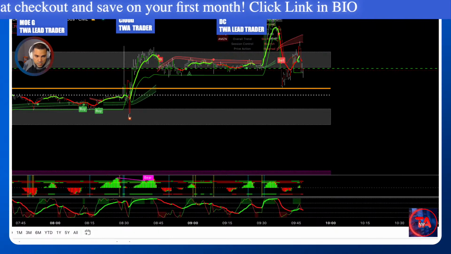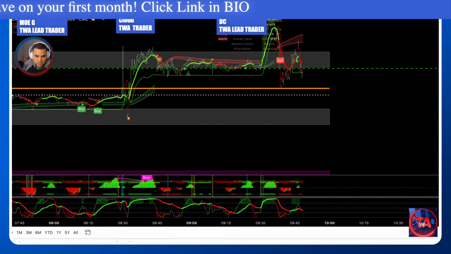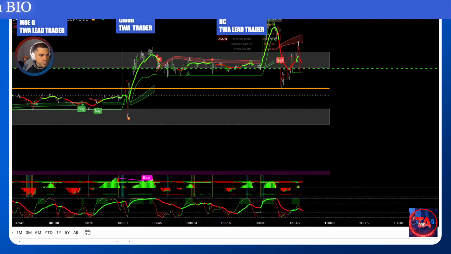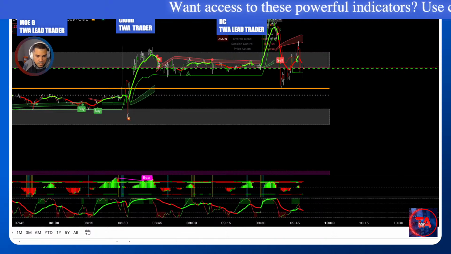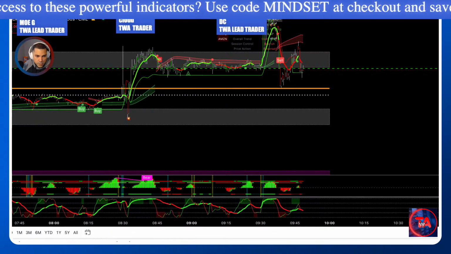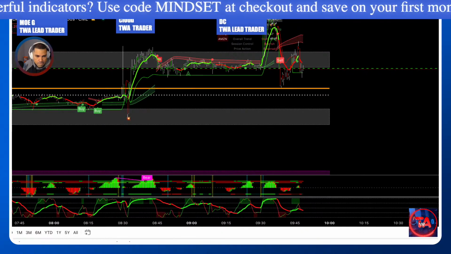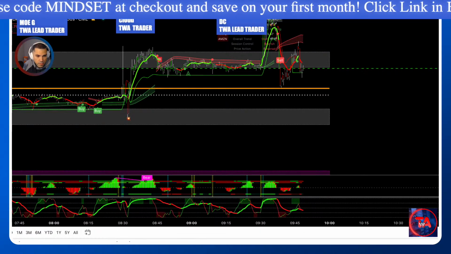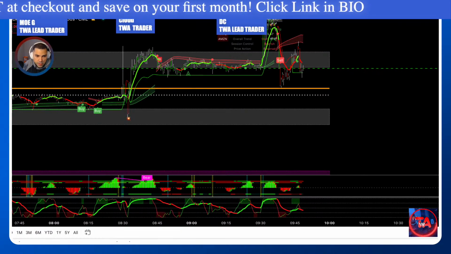I'll wait. I'll wait. I don't like the way the evidence lines are playing right here. I don't like the way the price has been hugging VWAP either. Okay. Let's see.